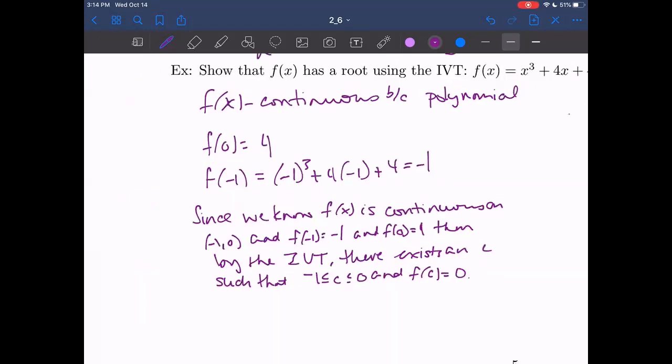Because we know that 0 is in between our outputs, so then there's some value in between our inputs that is equal to that C, or to 0.